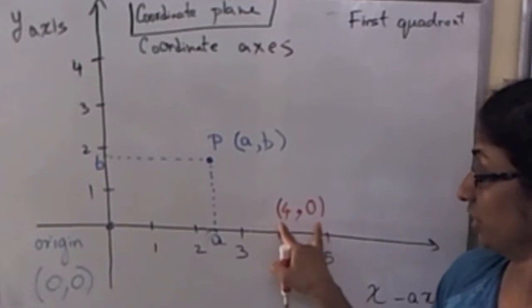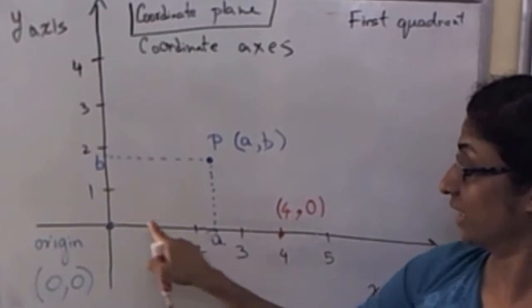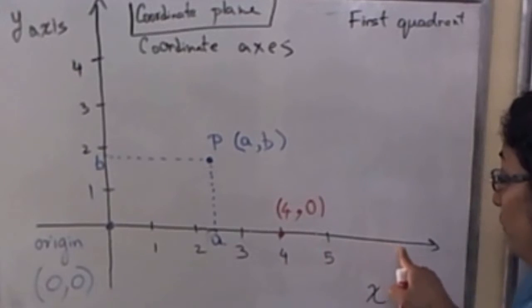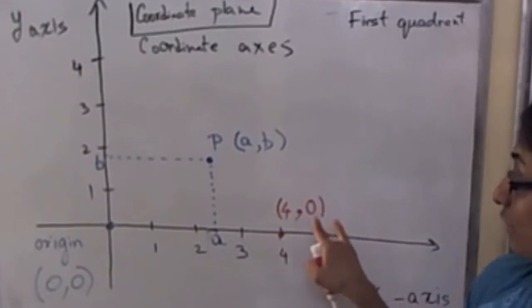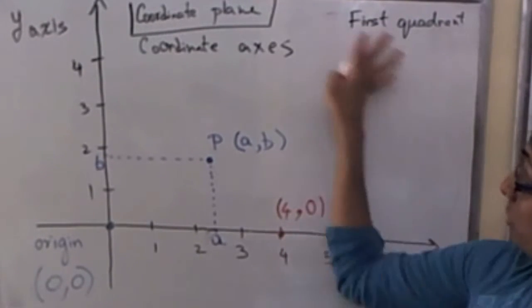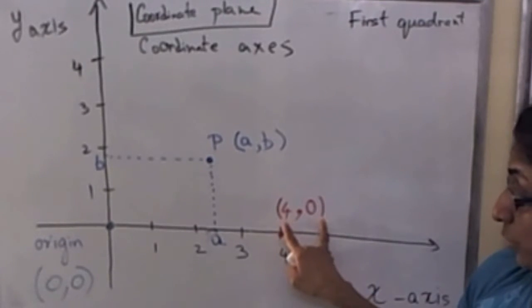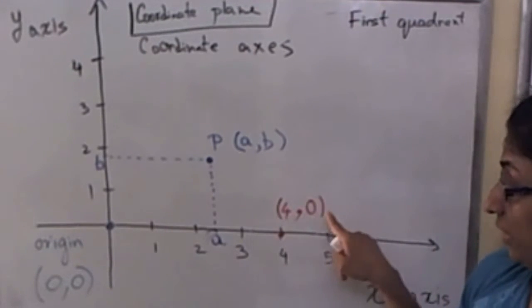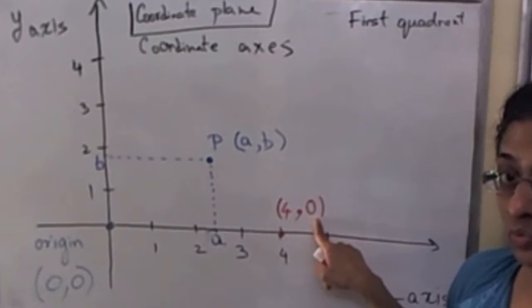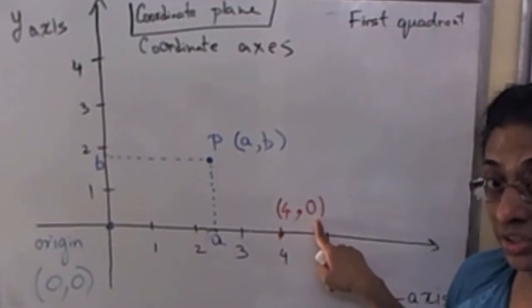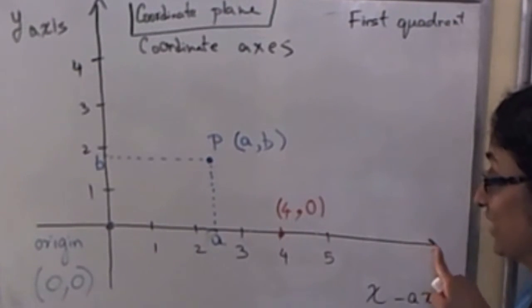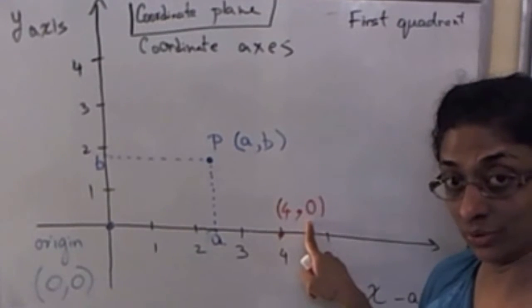One observation you can make is that every point on the x-axis, if you view it as a point on a plane and if you give it an ordered pair name, the second number will always be 0. The y-coordinate of every point on the x-axis will always be 0.